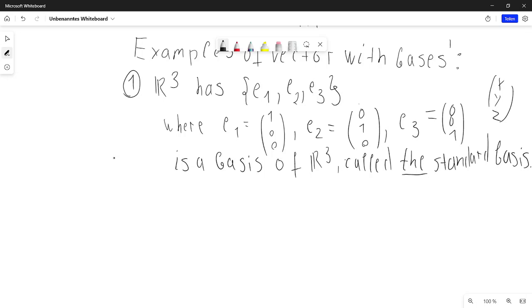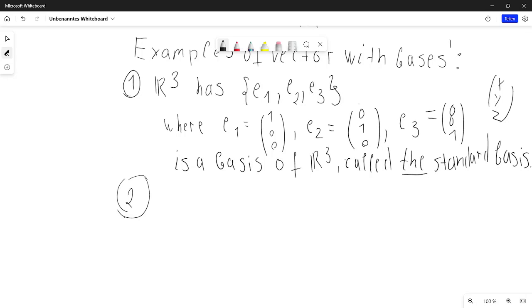Right, so you can see that this is a basis. Of course, the same works for matrices. You just take those matrices with 1 in one place and 0 everywhere else, and so on.